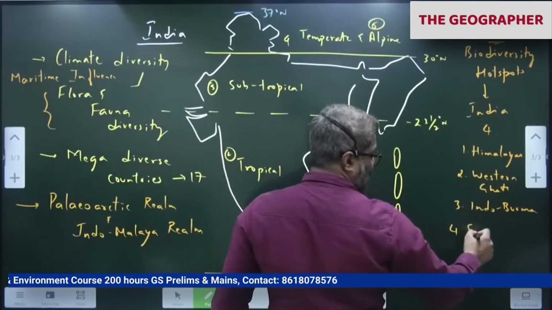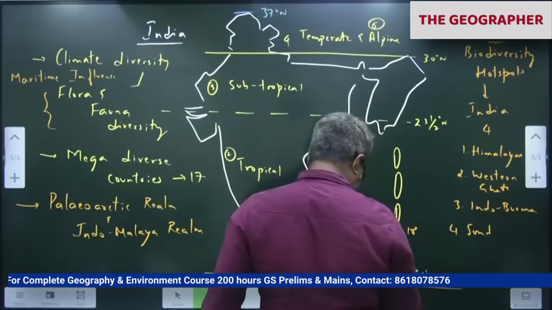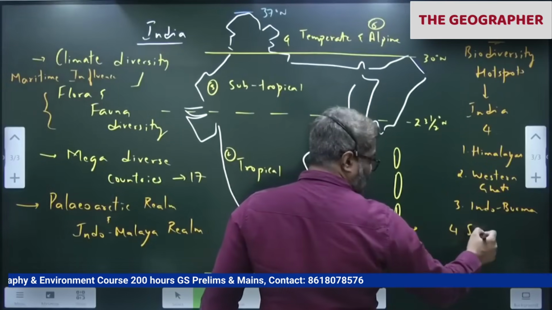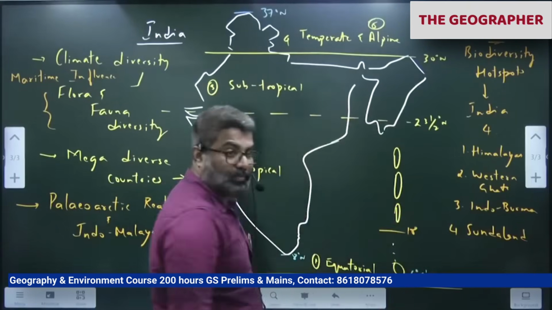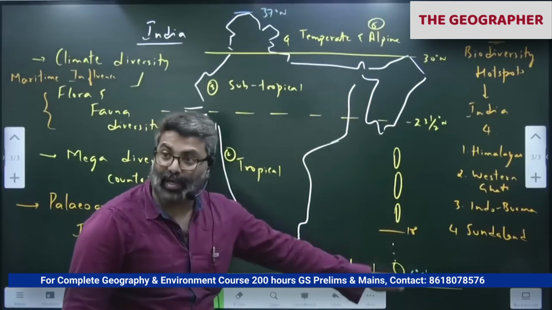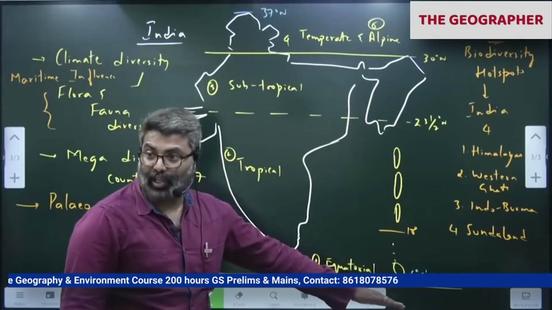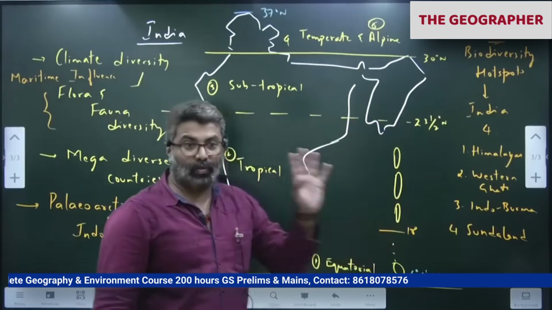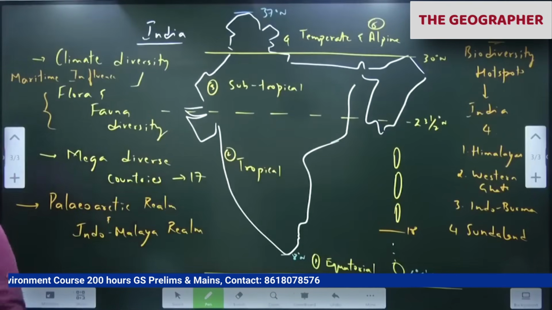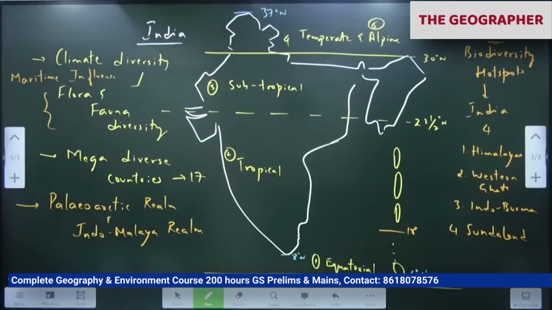The 4th one is Sundaland. Many of you might have heard this word, Sundaland, in the plate tectonics class. Sundaland comes below the 10-degree channel. Below 10 degrees is the Sunda plate, Indonesia. Above 10 degrees is the Burma plate, here, Indo-Burma. So we have 4 hotspots in India.